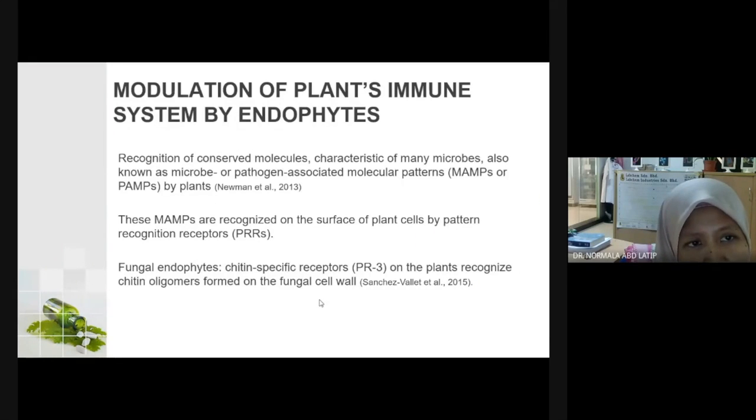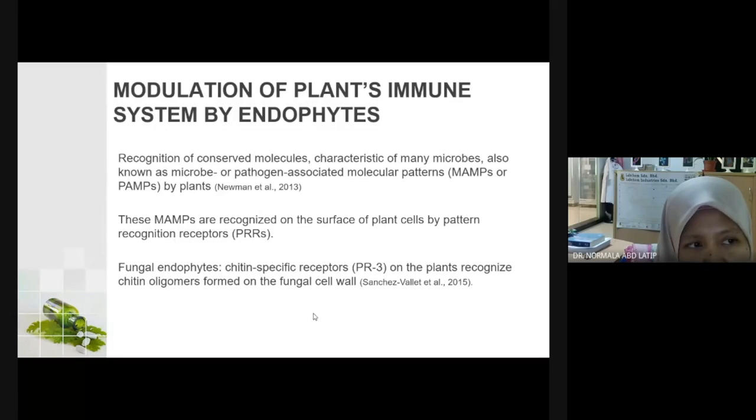So the endophytes are also able to modulate the plant's immune system in order to make a mutualistic agreement. They have a recognition of conserved molecules, which are characteristic of many microbes, for example, the microbe-associated molecular patterns or pathogen-associated molecular patterns, by plants.